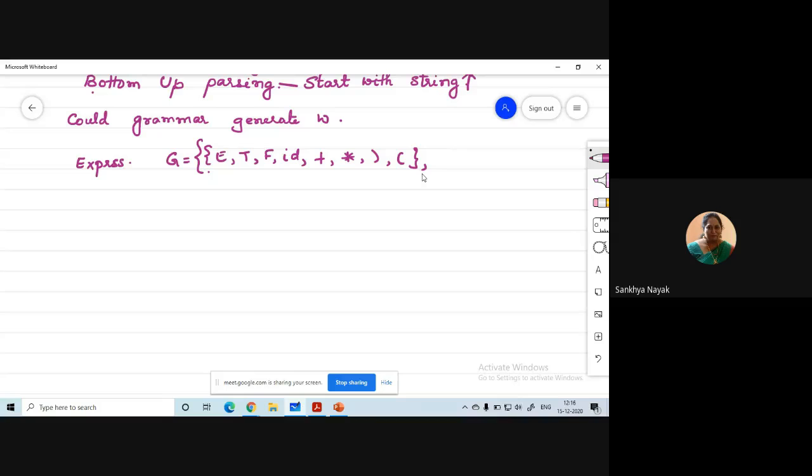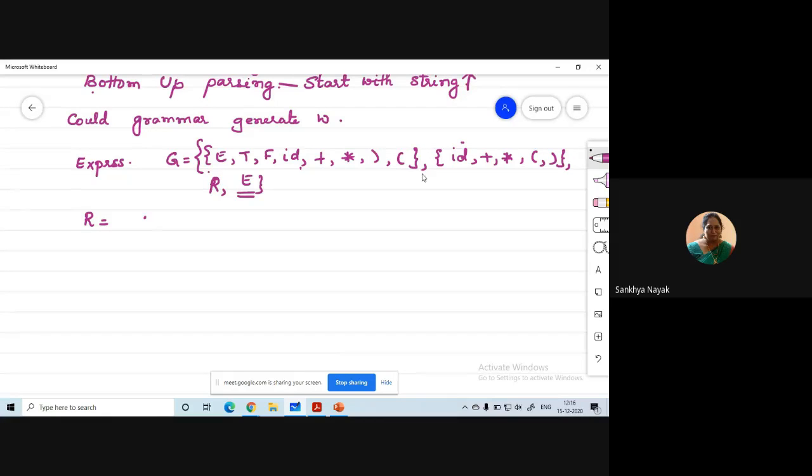Out of which ID, plus, star and the brackets are the terminal symbols. This is a set of terminal and non-terminal symbols, and you have rules, and the starting symbol is E.